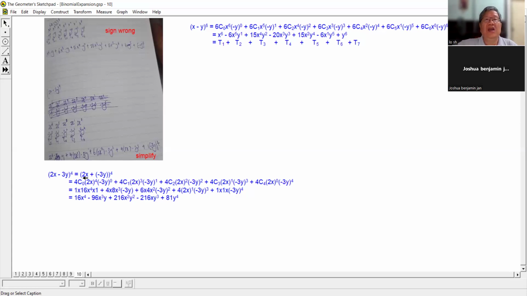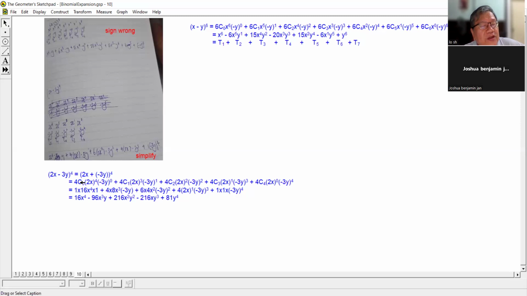The same thing, if I raise the power of 7, 7C1, 7C2 until 7C7, there will be 7 terms, including the 0, 8 terms. So this number of terms inside the expansion, you know. But I want to tell you one piece of information, then you link to the other information. That is important if you want to predict a particular term in the expansion.